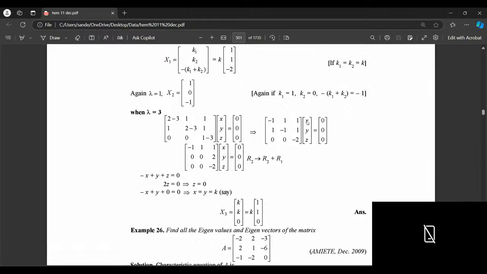You can use this operation, R2 changes to R2 plus R1. So you may get some elements 0 using this operation. Means it will be again simple. z equal to 0.